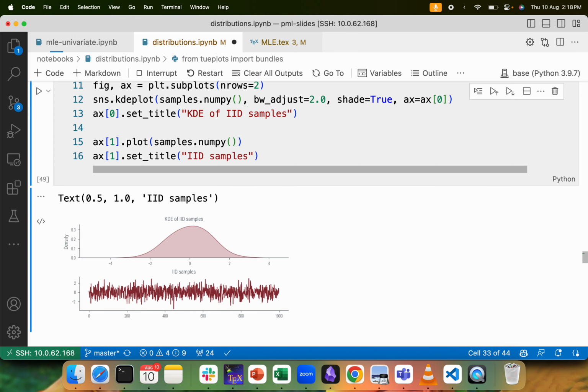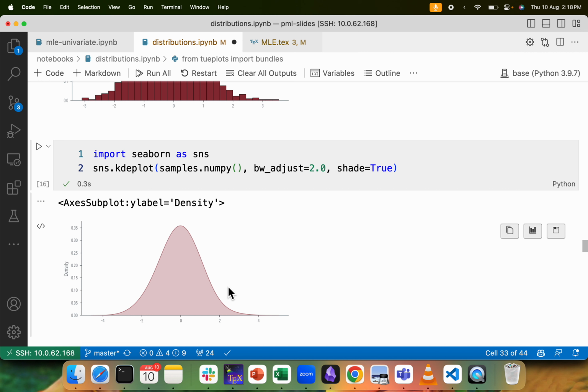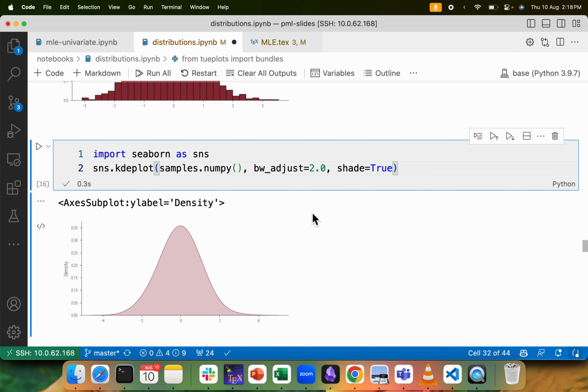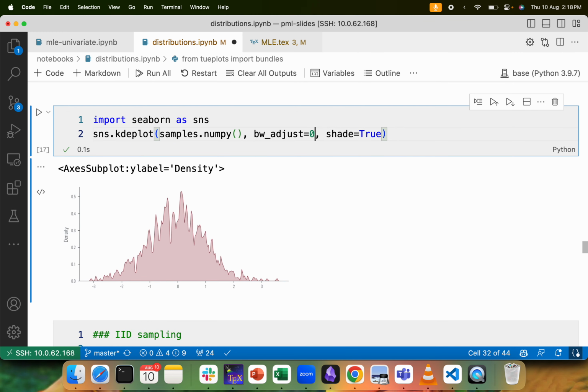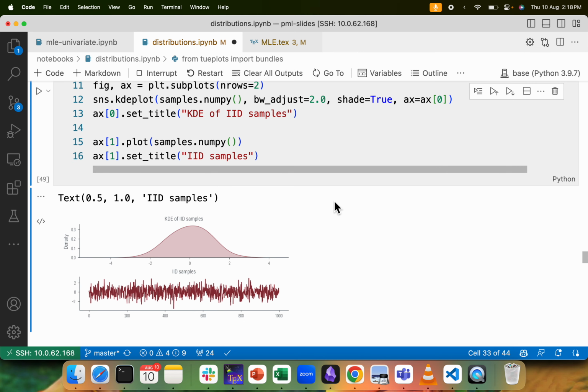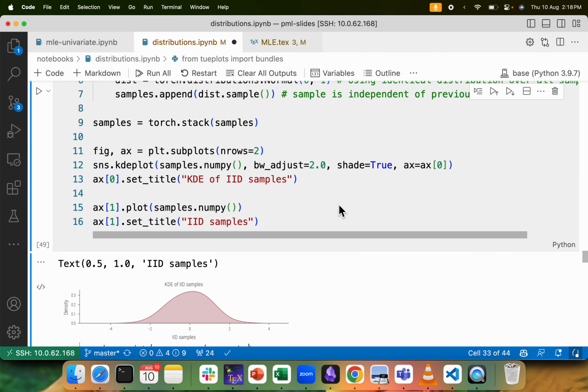So instead, very often people just use kernel density estimation, which is a specific method to derive these smoothish curves. There's one interesting parameter, bandwidth adjust. So if I were to keep this to, let's say, 0.1 versus if I keep this to 5.0 versus if I just keep this to 50.0.